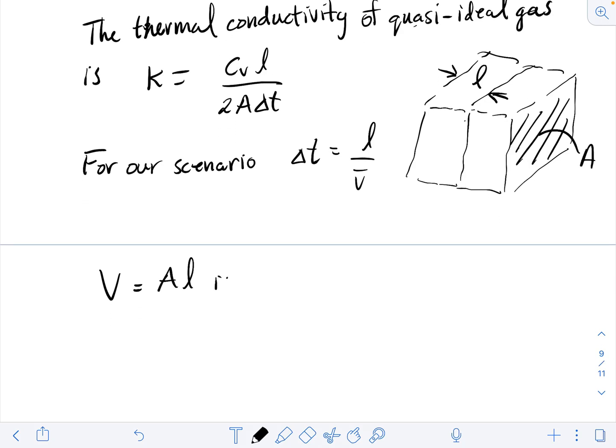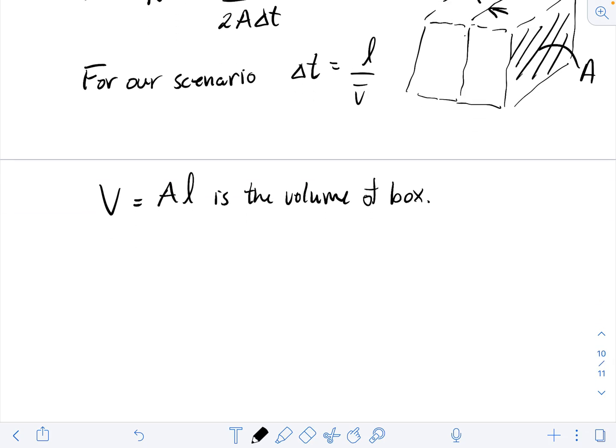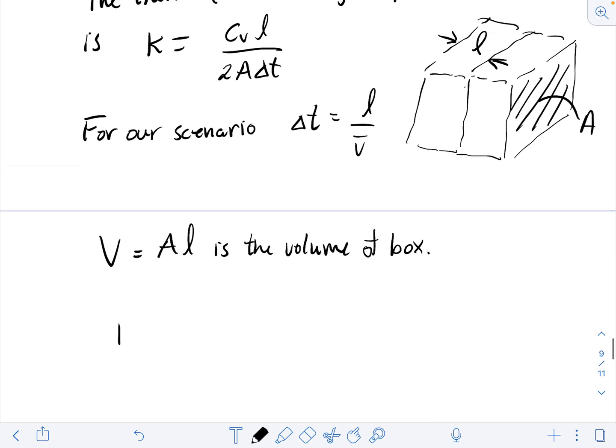And so A times L is the volume of the box. And so that means, if we substitute these things in, kappa is going to be the heat capacity times the mean free path divided by 2. And so for the area, we'll put in volume divided by mean free path. And for delta T, we'll put in the mean free path times the average speed.